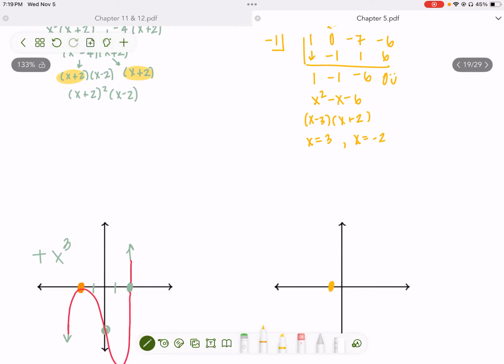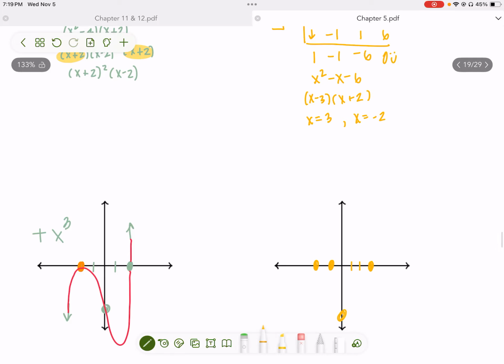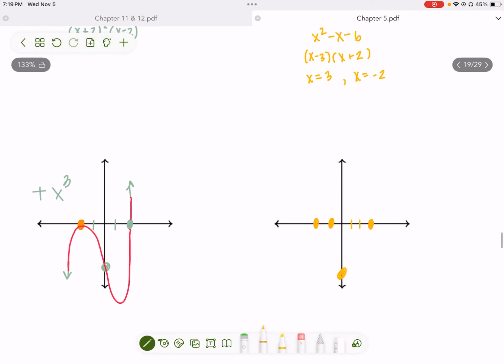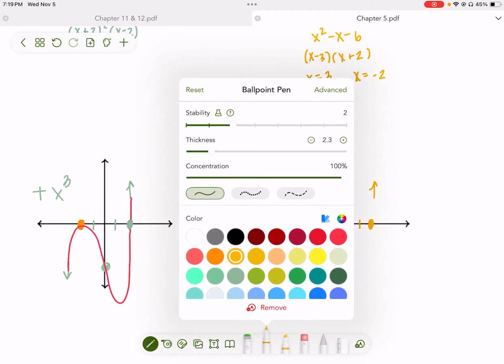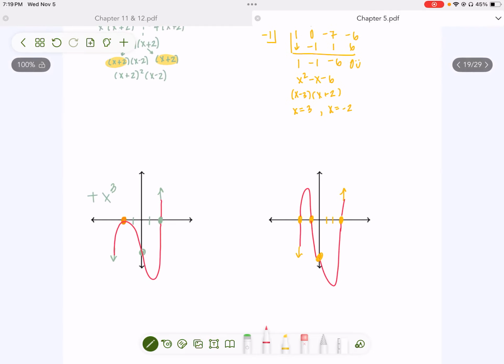So -1, -2, 1, 2, 3. A y-intercept of -6. Also a power of 3, so there's my end behavior. And from there, we just follow it along. There it is, roughly.